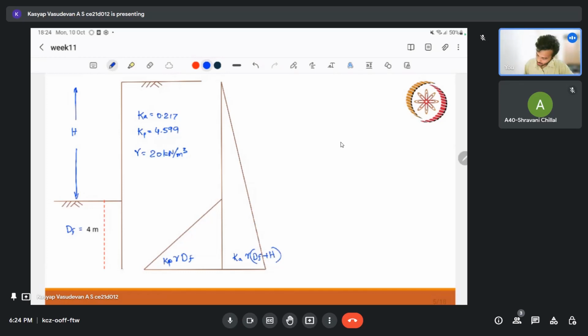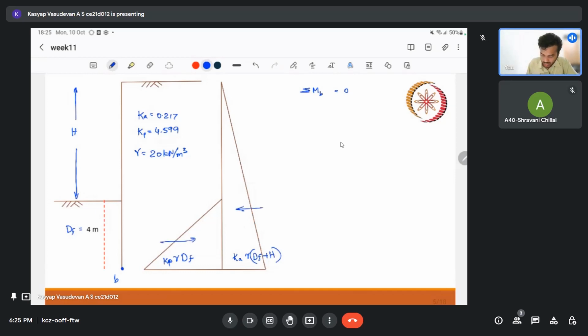So we need not worry about anything, since we know this is the pivot, and if we take this as B, our moment about B should be 0, right? Taking moment about B is equal to 0, we can directly solve this. In the right side, this is the passive and this is the active.